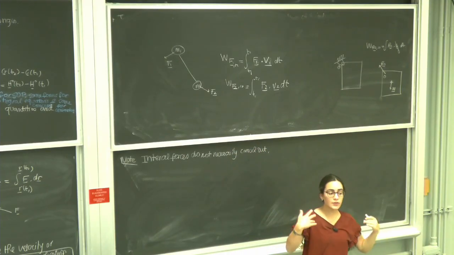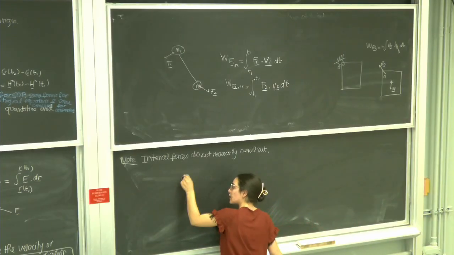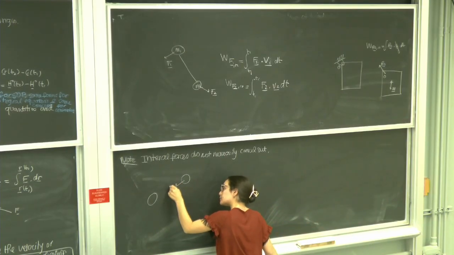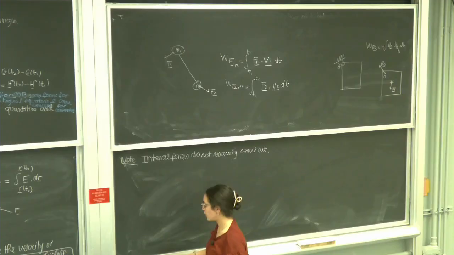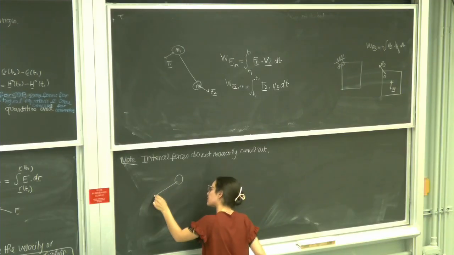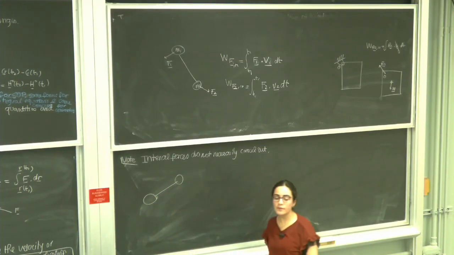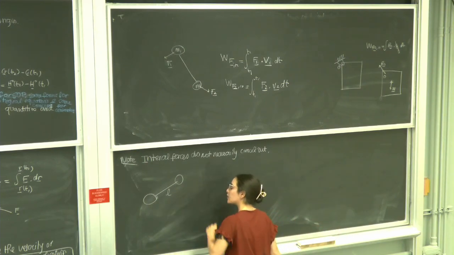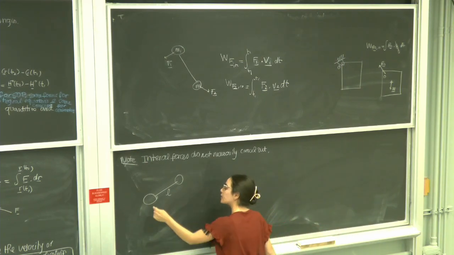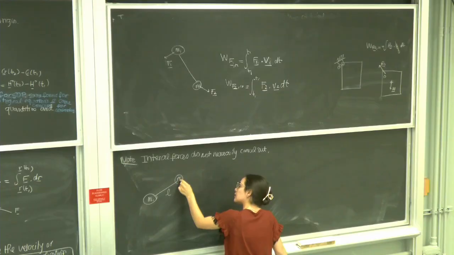So let's consider this system. Actually, I don't have to consider a spring. I can consider the simple dumbbell system again. That's our simplest example of a system of particles. This dumbbell system is a rigid rod of length L, massless, with masses M1 and M2.